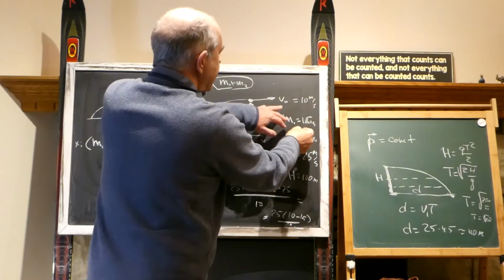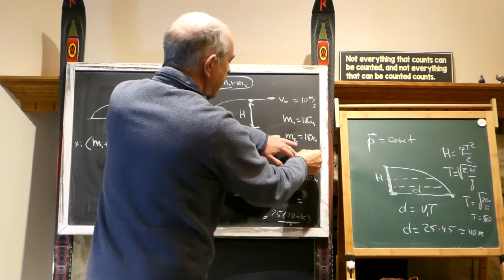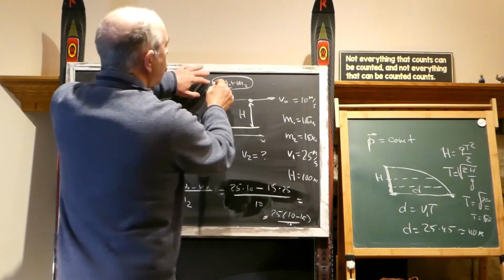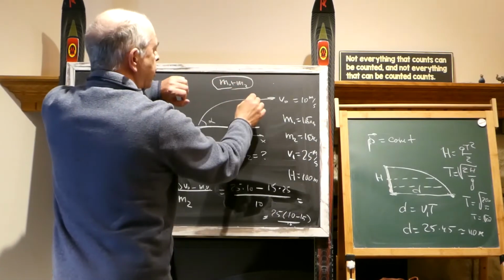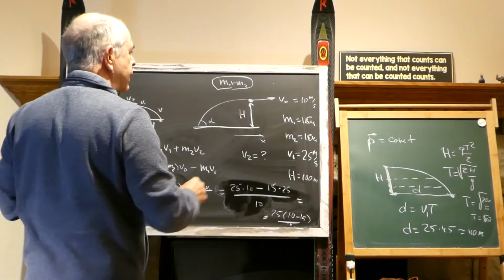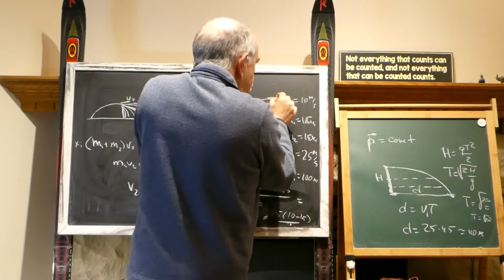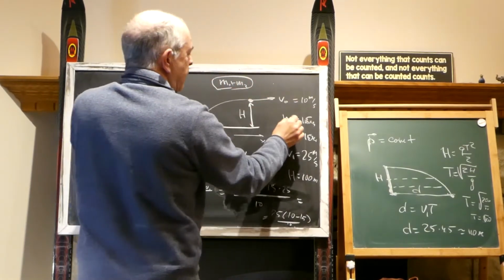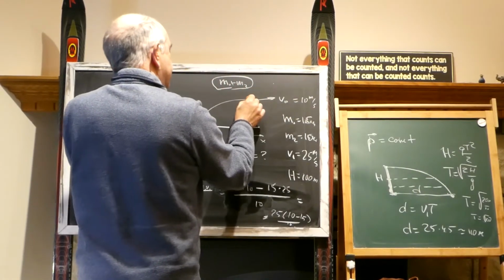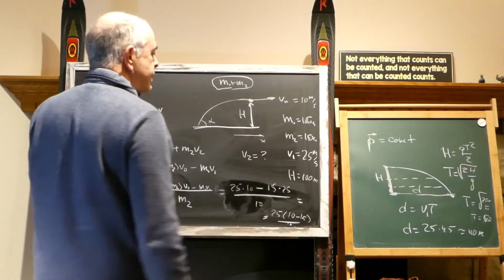If this mass is bigger, 15 multiplied by 25 is more than the initial momentum of the original projectile. That means the first mass will carry too much momentum, and then this mass will be moving in this direction.